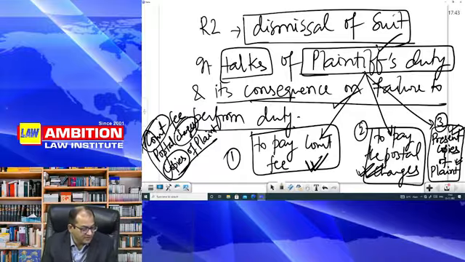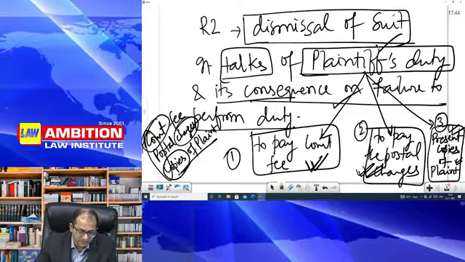So Rule 2 basically says, now that you know the plaintiff's duty: where on the day fixed it is found that the summons has not been served upon the defendant in consequence of the failure of plaintiff to pay the court fees or postal charges, or failure to present copies of the plaint as required by Rule 9 of Order 7, you are required to present as many copies as defendants.